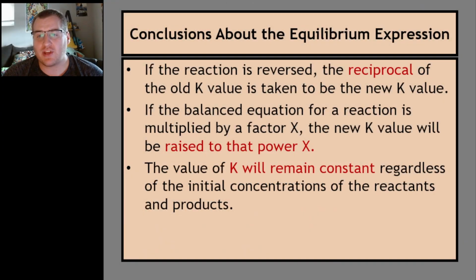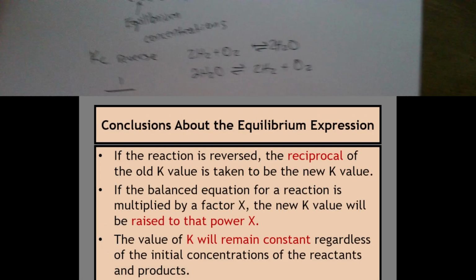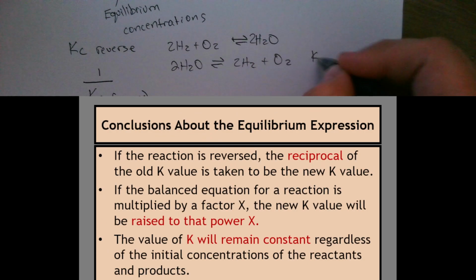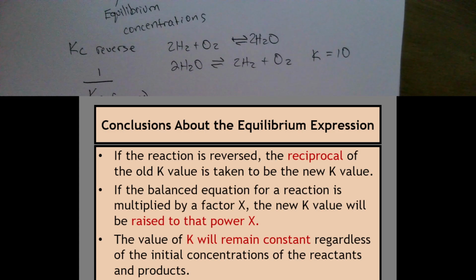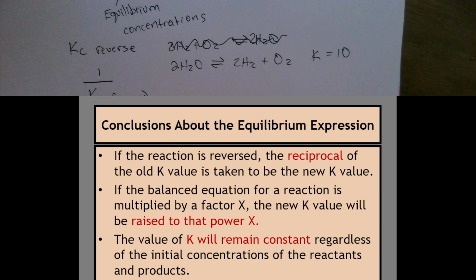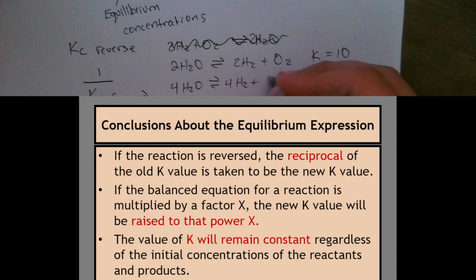If the balanced equation for a reaction is multiplied by a factor x, the new K value will be raised to that power x. So if I take this same expression, let's say I have this one. Say the K for this one is equal to 10 to make it simple. Let's say I'm going to multiply this whole thing by 2 to get 4 H2Os, 4 H2s, plus 2 O2s.